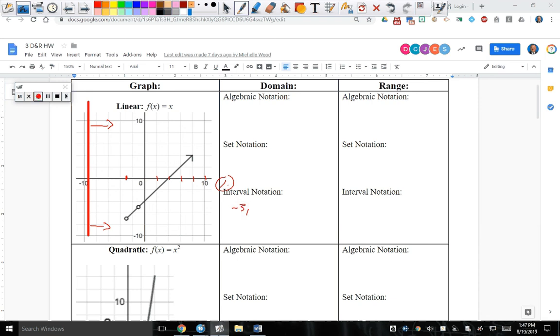Anyone? Infinity. No. Negative 1. Because look, it does not include negative 3, and it does not include negative 1, but it does include everything shaded between. Is it parentheses? Parentheses on both. Nicely done.